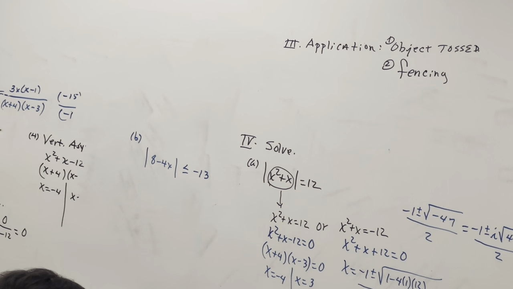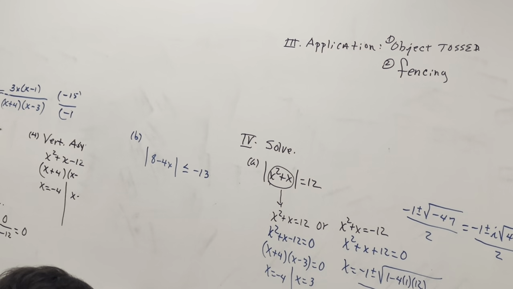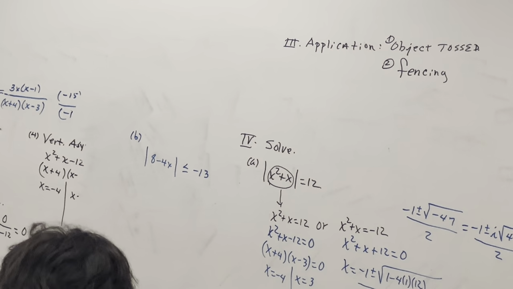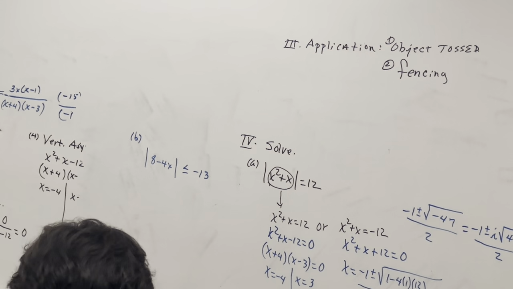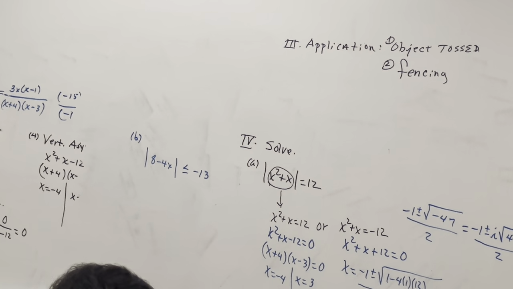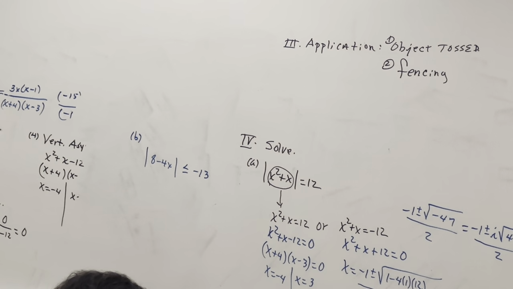Anyone remember how we dealt with absolute value inequalities? I'm hearing that you put it between 0 and negative 13. Can the absolute value ever be less than a negative? No solution.